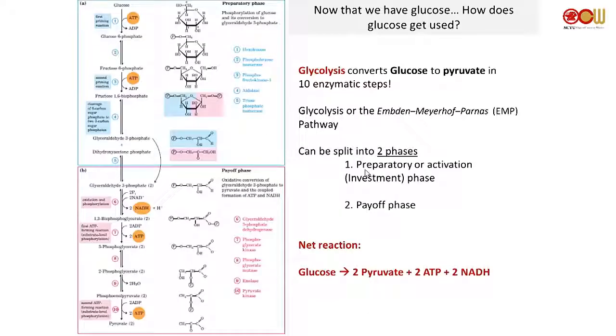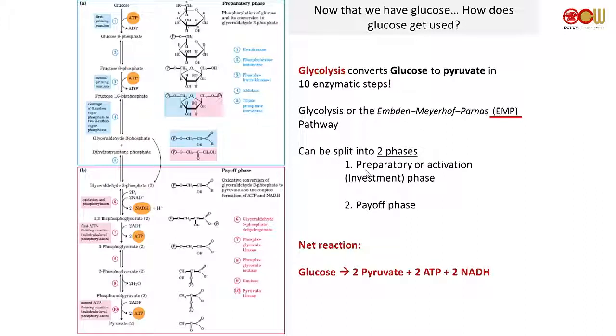All right, the key topic that we're going to be talking about will be glycolysis. Now that we have glucose, our question is, how does glucose get used? This reaction is called glycolysis, and it converts glucose down to pyruvate. Remember I said pyruvate is like the center of metabolism, because once you have pyruvate, you can pretty much make everything else. This glycolysis pathway is also called the EMP pathway, named after three scientists who discovered it.